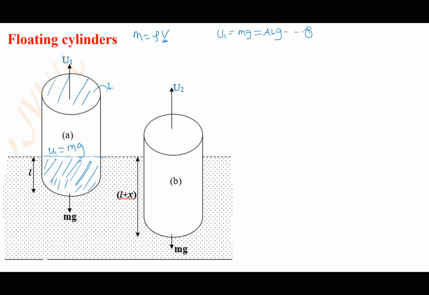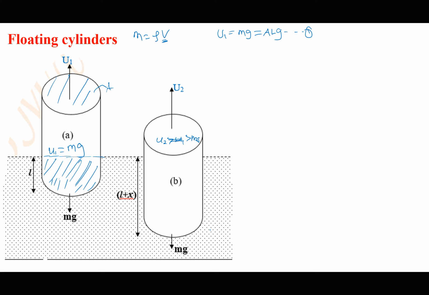Then if we now push the cylinder further beyond the equilibrium position and release it, it can't stay there. Because when we push it further, we increase the upthrust. It means the new upthrust U2 is going to be greater than U1, which is equal to mg.